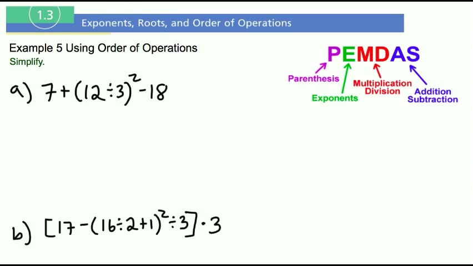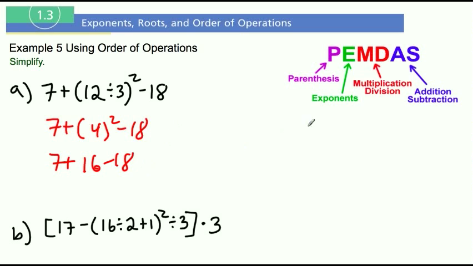So let's check out this little guy right here. Order of operations. We always do what's inside the parentheses first. So I'm going to do 12 divided by 3. All right. So 7 plus 4 squared minus 18. Okay, so I always do what's inside the parentheses first. Now that that's done, now let's do exponents. So I'm going to do the square. So 7 plus, not 4 times 2, but 4 times 4. 16 minus 18.